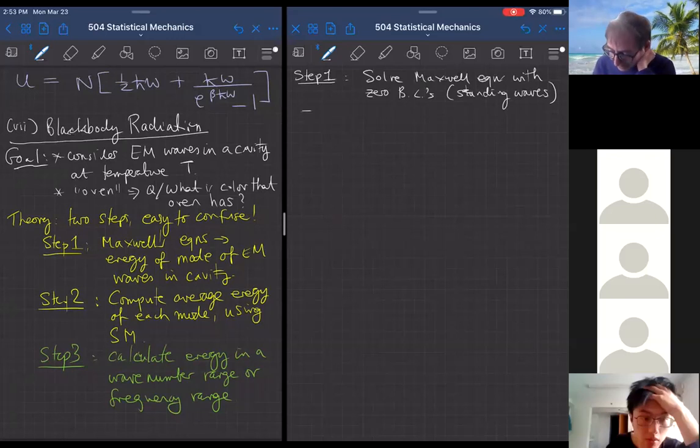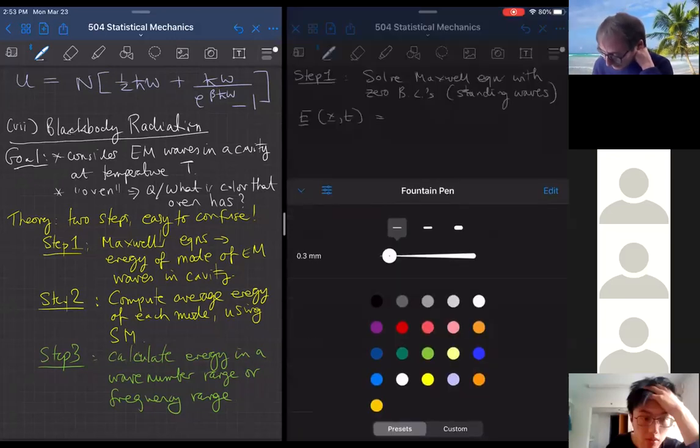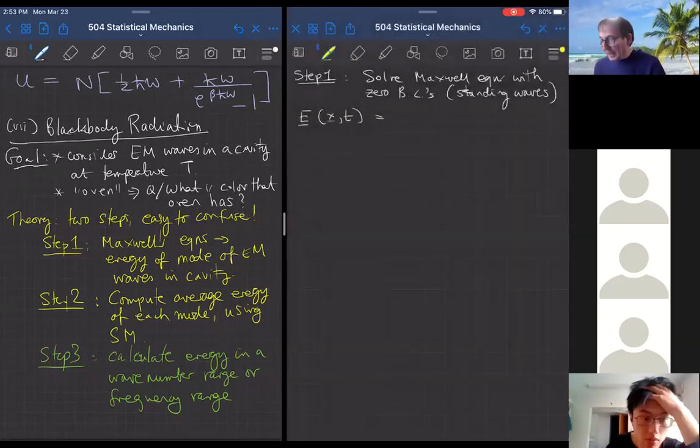If I look at the electromagnetic field as a function of space and time, what it's going to look like is something like this. First of all, it's going to be a wave. So that's going to be an exponential factor. We're solving a wave equation.